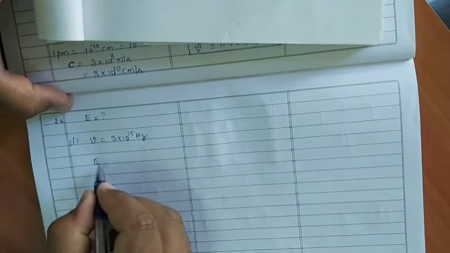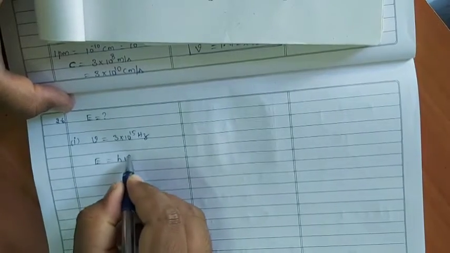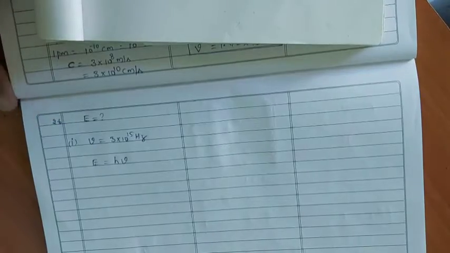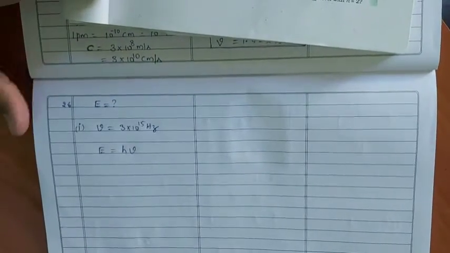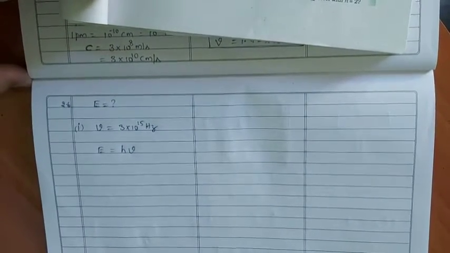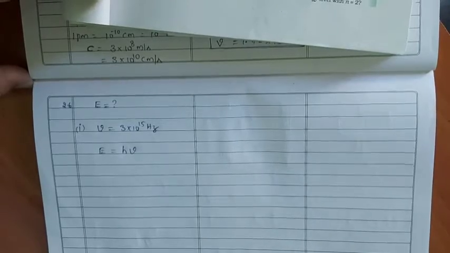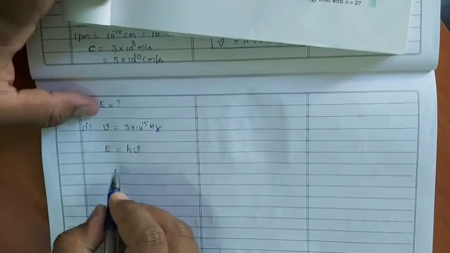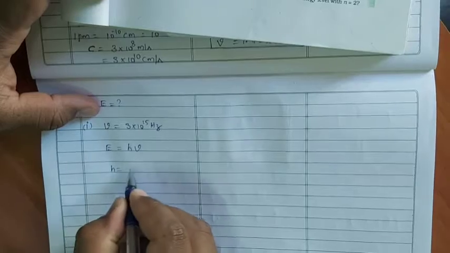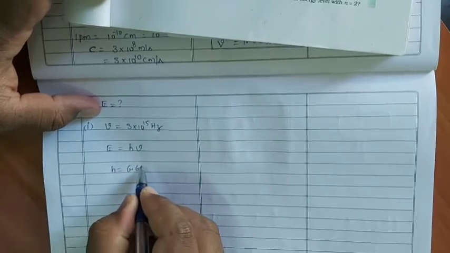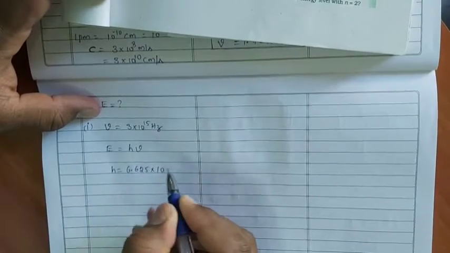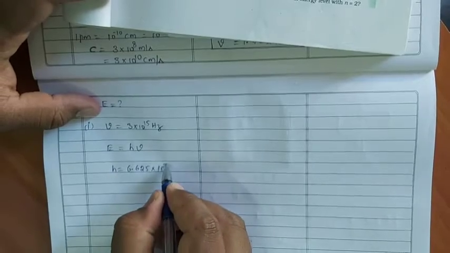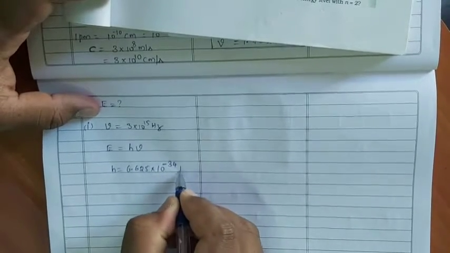So energy is equal to h nu. That is the formula. E is equal to h nu. What is the h value? H is equal to 6.625 into 10 power minus 34 joule second.